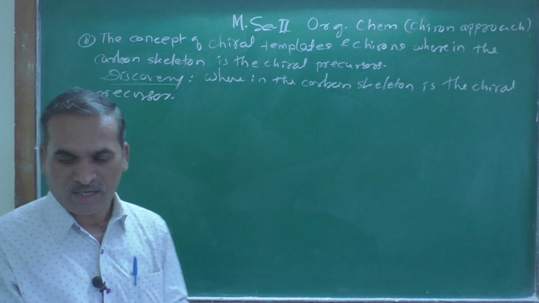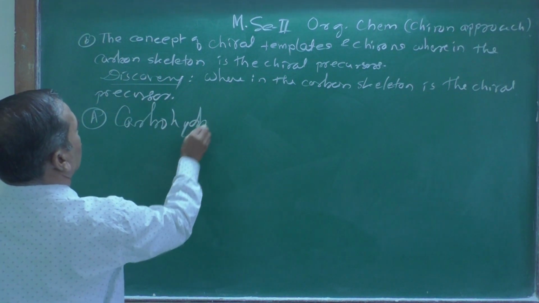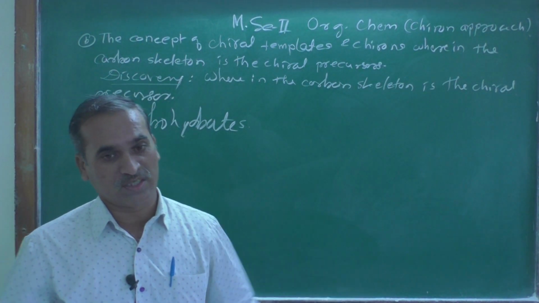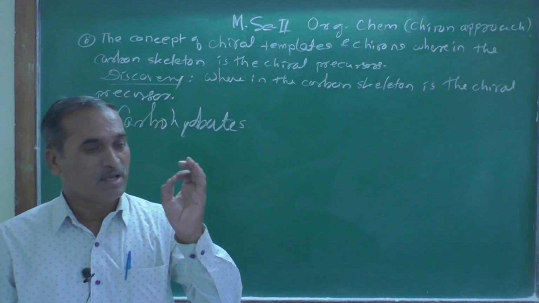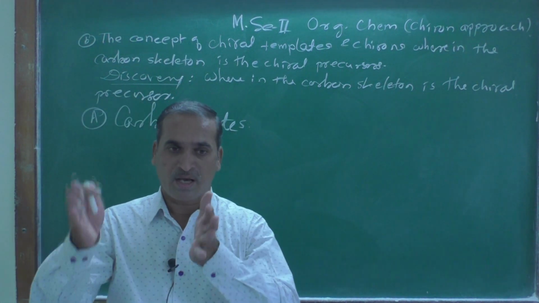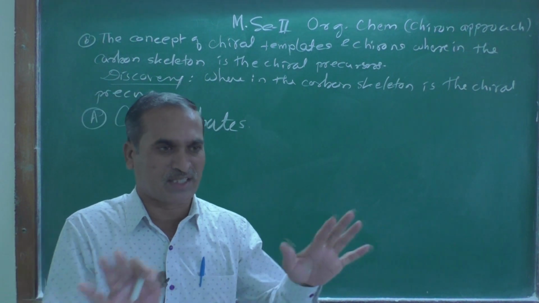Now the first one is carbohydrates. As we know, carbohydrate is a separate study where we will see its properties, but here carbohydrate means a polyhydroxy aldehyde or ketone. That is the simplest definition.